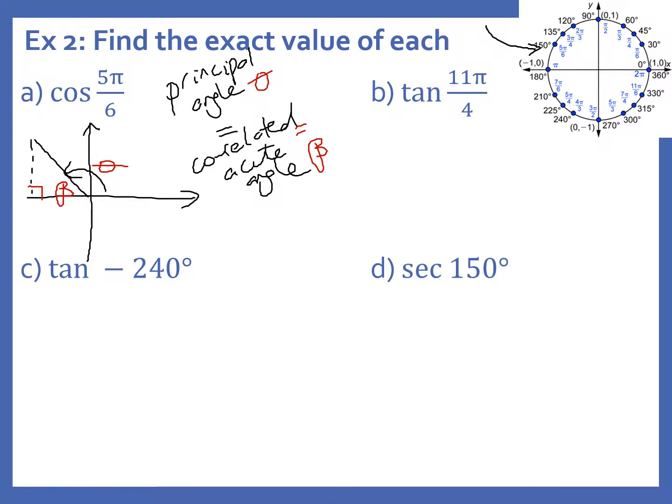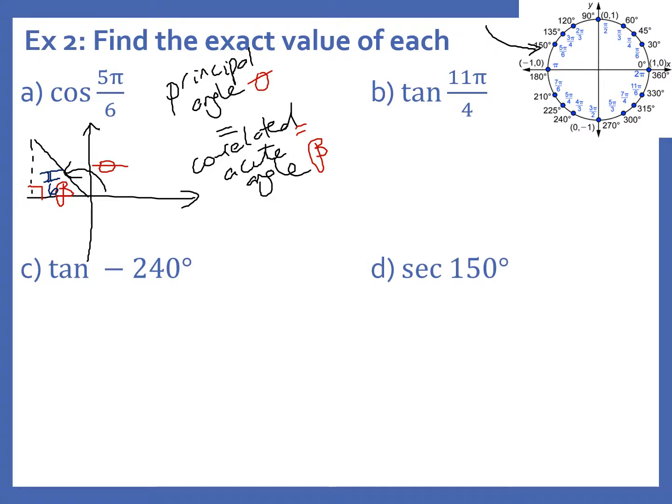So in order to do this, 5 pi over 6, we know that the x-axis makes pi, so really what that leaves us with is this is pi over 6. That goes along with one of our special triangles.